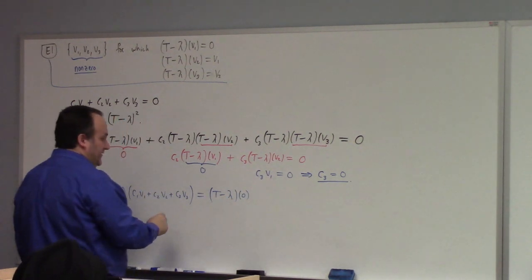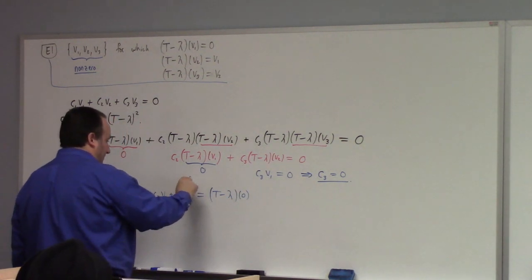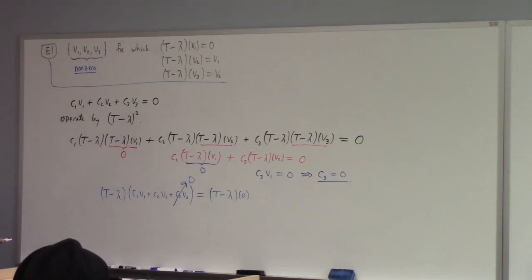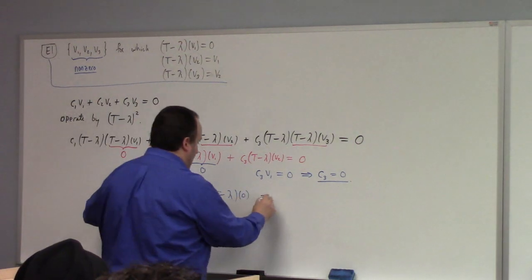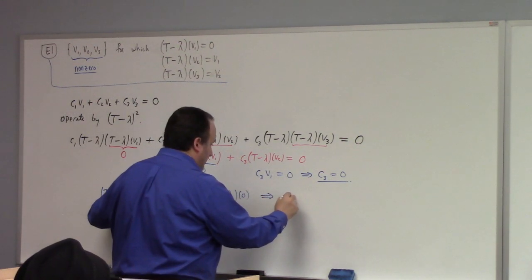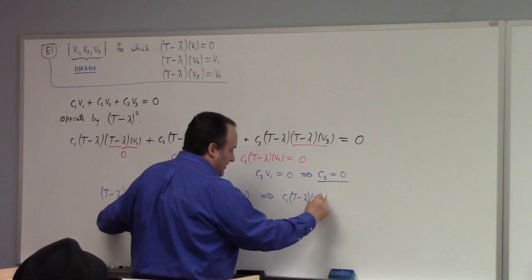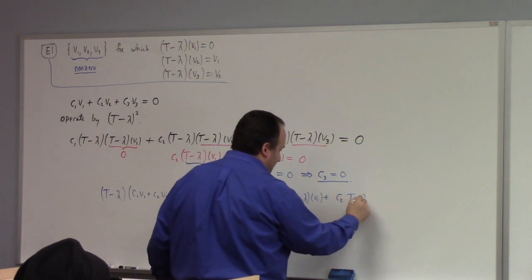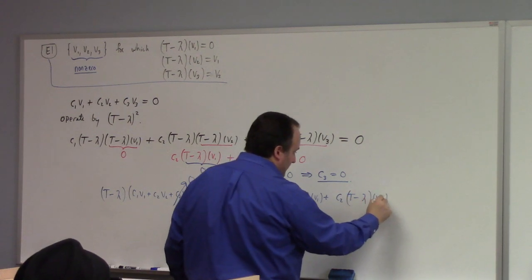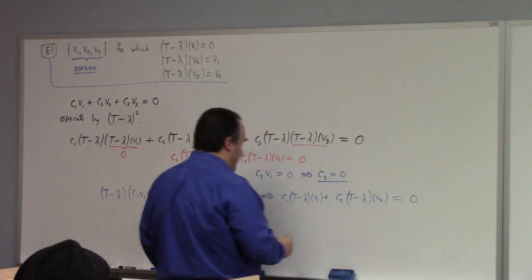I should remind myself, I already showed this piece is 0, so we don't have to look at that, right? And so what do we have? C1 (T minus lambda) V1 plus C2 (T minus lambda) V2 equals to 0.